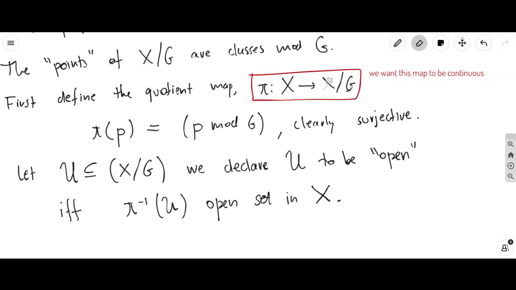So you pick something in here, and you say it's open if it pulls back to something open in X. Because this is exactly what you need to have a continuous map, right? A mapping between two topological spaces is continuous if and only if any open set over here pulls back to an open set over there. So you declare a set in here to be open if it pulls back into something that's open. This is sort of forced on you in order to create a continuous map.